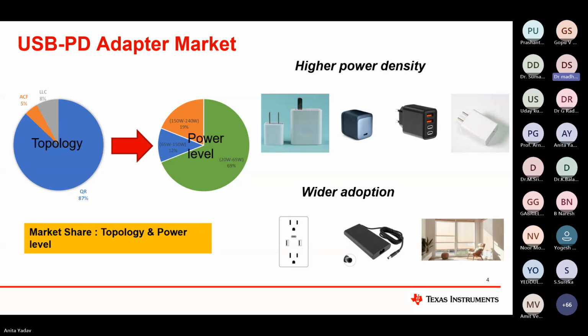Normally AC is used, but is there any scope for a DC to DC charger? Yes, because there are so many DC microgrids available now. So in Texas Instruments, is there any DC to DC charger adapter kind of thing? Okay, so here are two things. First, DC-DC chargers can be made.